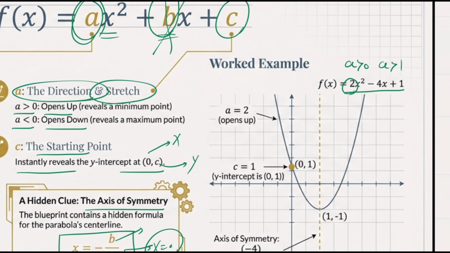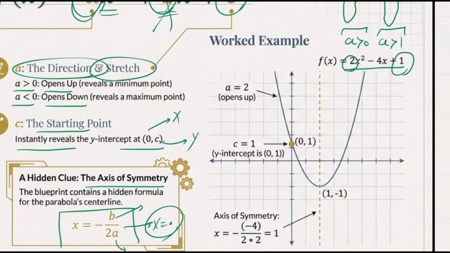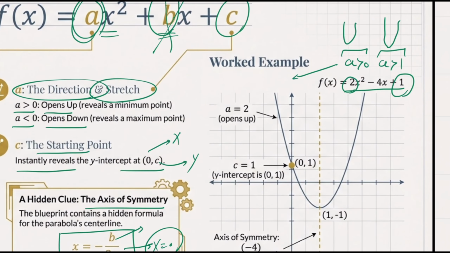So I know two things. First of all, this shape is going to be like this, and it should be stretched a little bit. Okay, so I have understood two things. Another thing that I saw was about the c. It means that positive 1 for sure is going to help me in order to find my minimum point. By the way, when a is bigger than 0, it means that I have a minimum.